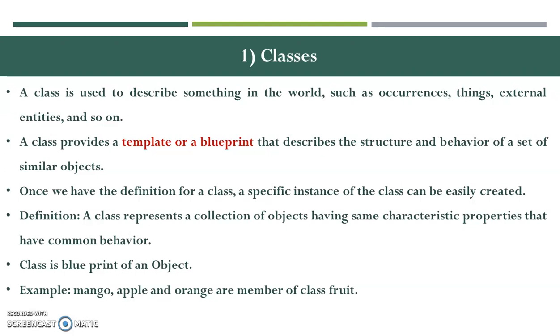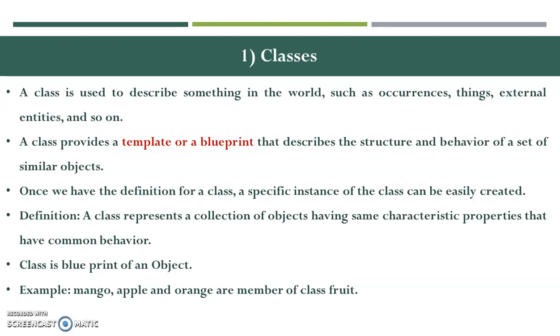A class provides a template or a blueprint that describes the structure and behavior of a set of similar objects. Once we have a definition for a class, a specific instance of a class can be easily created. A class represents a collection of objects having the same characteristics, properties and common behavior. So we can conclude that a class is a blueprint of an object.